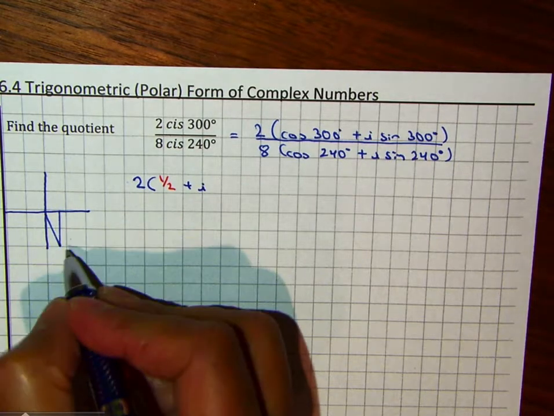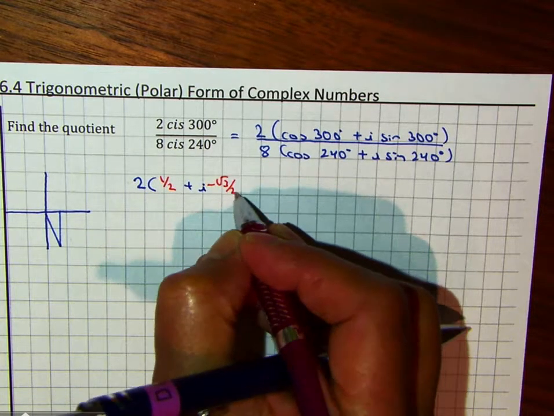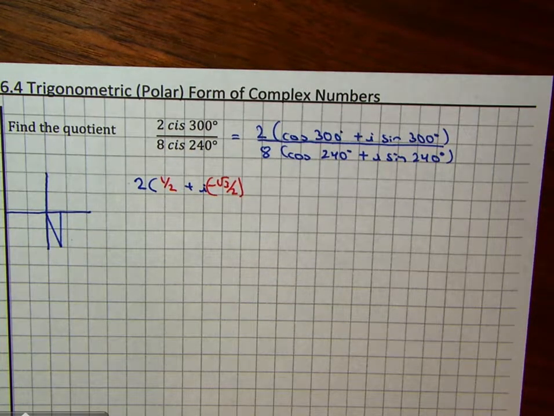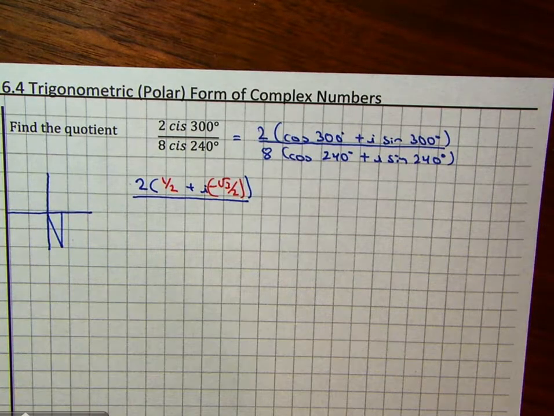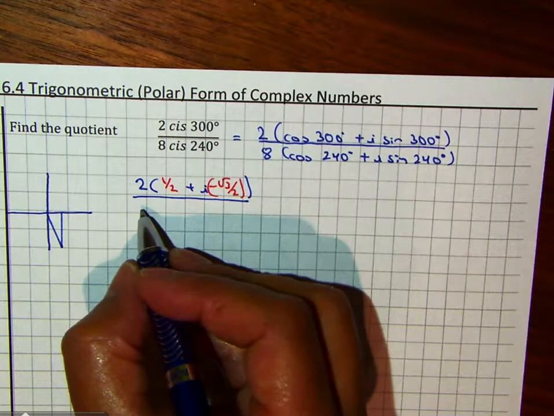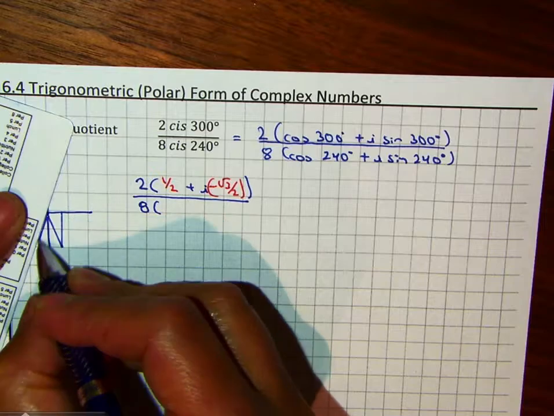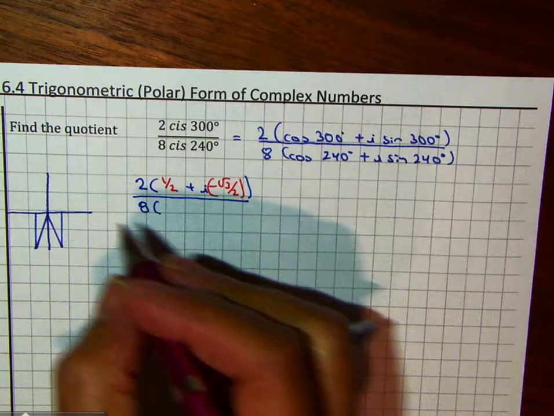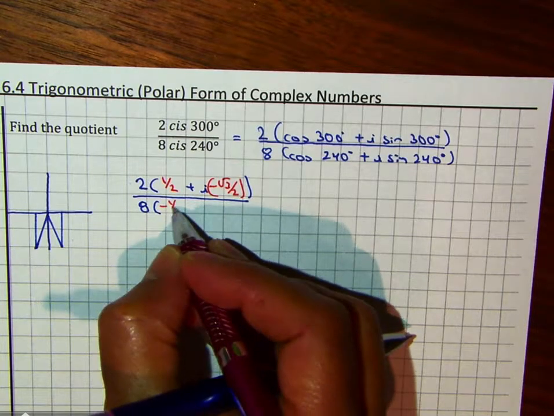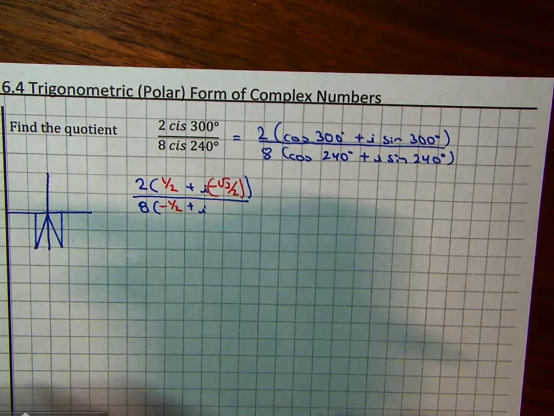The sine will be negative square root of 3 over 2. Over 8. 240 degrees is right over here. So the sine will be negative 1/2. The cosine will be square root of 3 over 2.